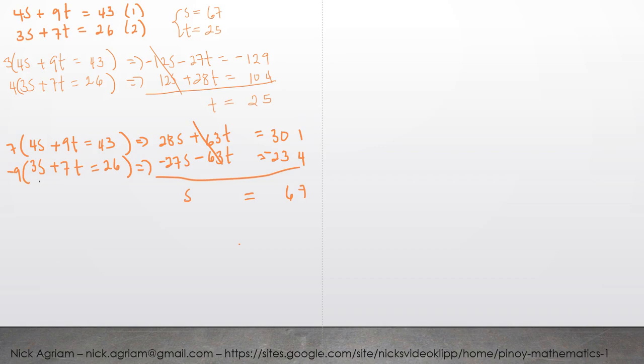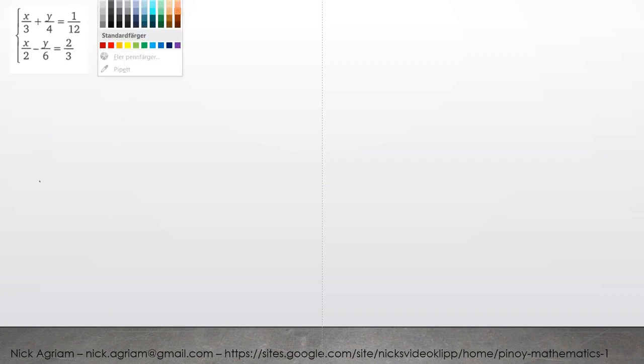Another example. Let's try this example, a little bit different, but I hope we can manage. This is our equation 1, and we have this equation 2. As you can see here, we already have positive and negative there.